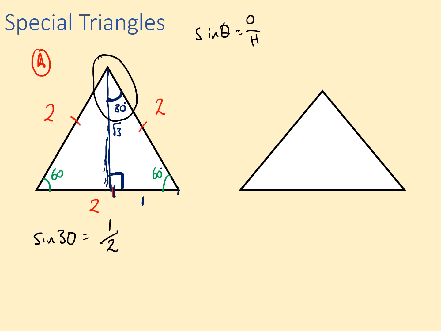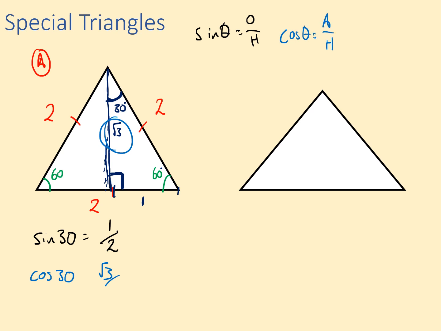I could also take the cosine of that angle. So the cosine of 30 is the adjacent side, which is root 3, divided by the hypotenuse. So remember, cos theta is the adjacent divided by the hypotenuse, so cos 30 is root 3 over 2.